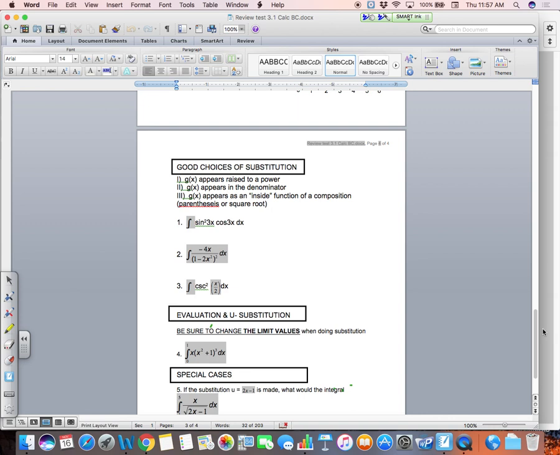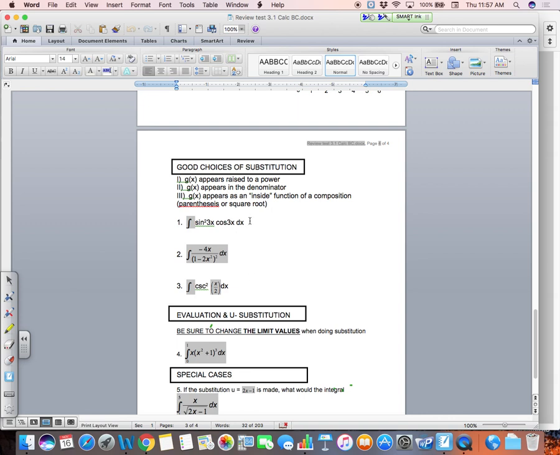Multiple choice. Good choices of u. If you've got something raised to a power, u is probably the base. If it appears in a denominator or inside of parentheses, those are good choices for u. I had some examples there. Do I need to work out any of these 3, or are you feeling comfortable with them?